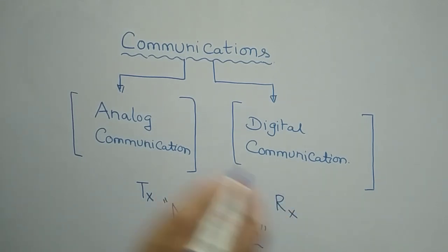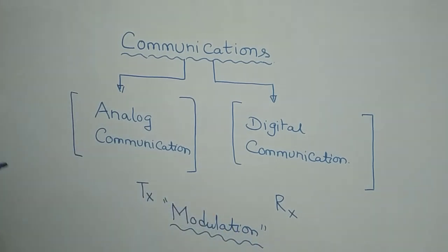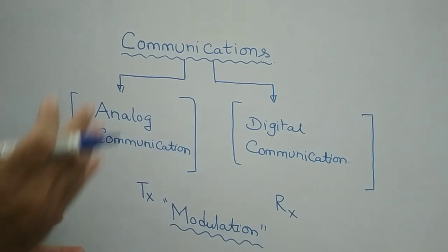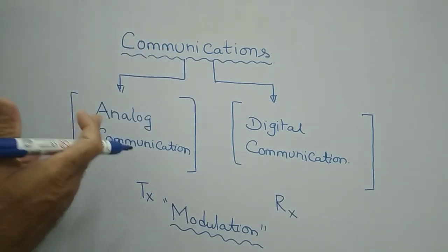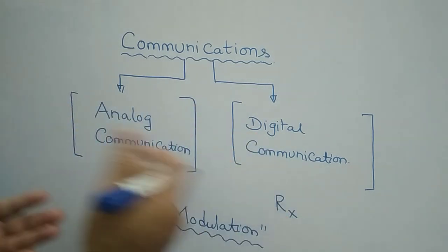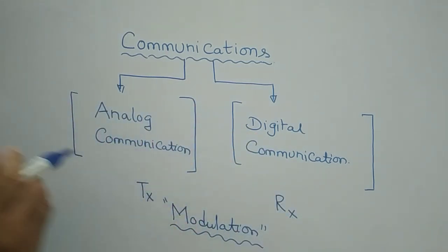Modulation is a very important process to be considered in communication, either in analog communication or in digital communication. In both, the modulation process is compulsorily required. What do you mean by modulation?